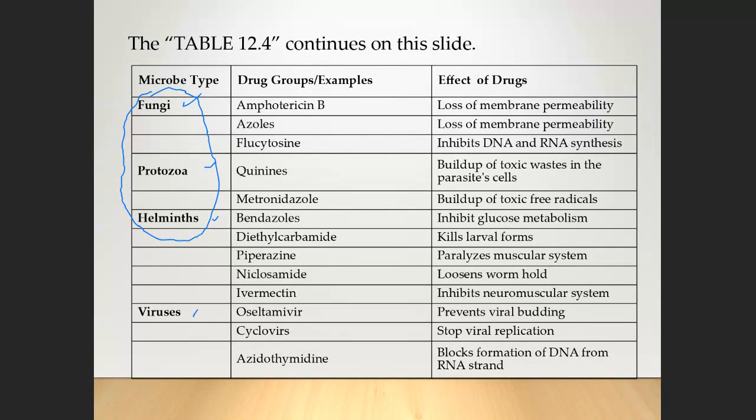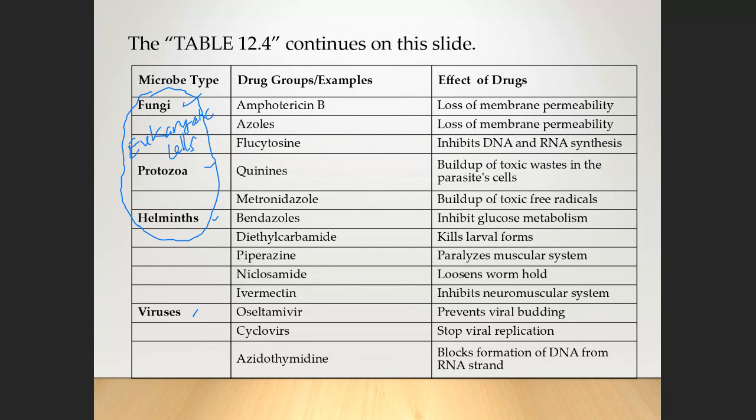Okay, so this is a eukaryotic cell, right? So eukaryotic cells, they are similar. Therefore, if we use drugs targeting this cell, it might also target our own cell. So therefore, again, selectively toxic drugs made for this type of infection are usually more difficult to make compared to drugs for bacterial infection.